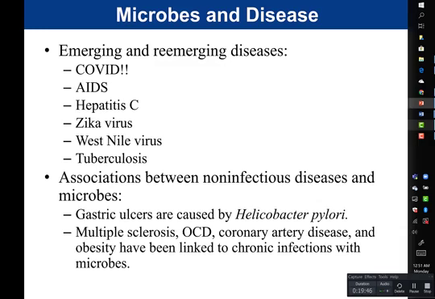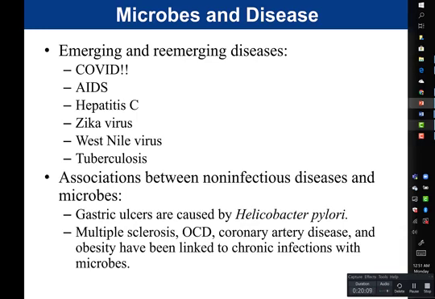So we have other types of coronaviruses that have caused disease, but we have this new coronavirus, which causes us to have COVID, for example. We have AIDS, there's hepatitis C, Zika virus, which is associated with mosquitoes. We have West Nile virus.